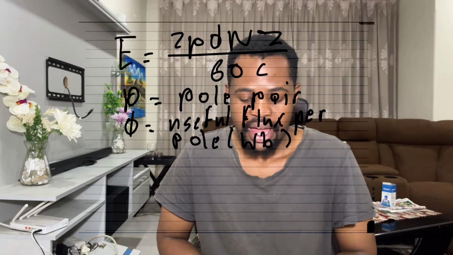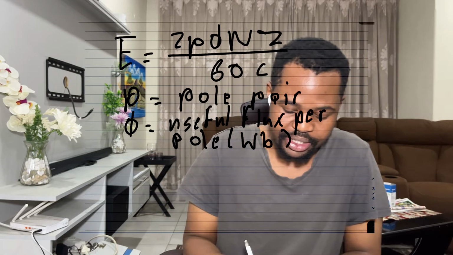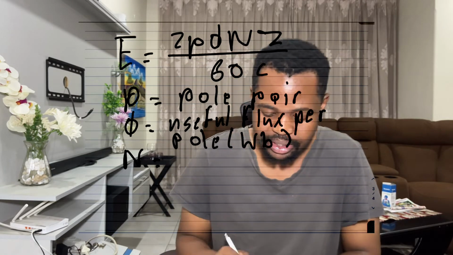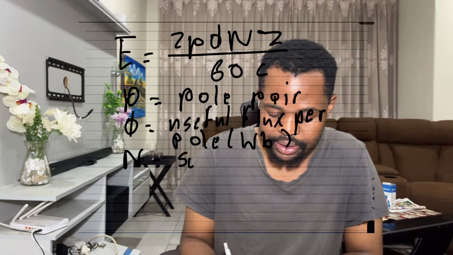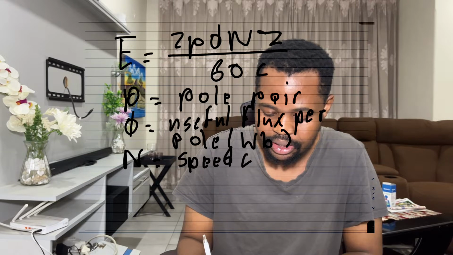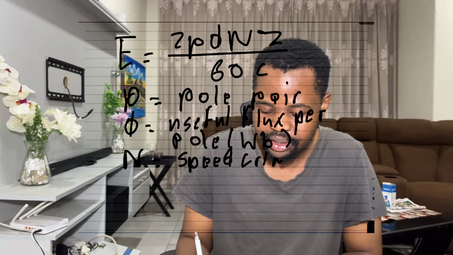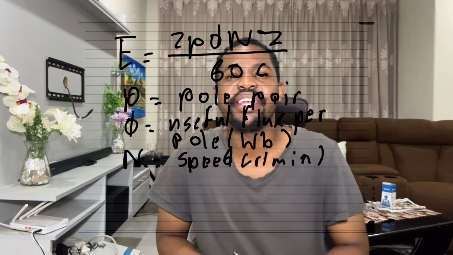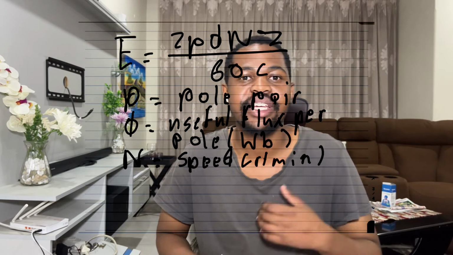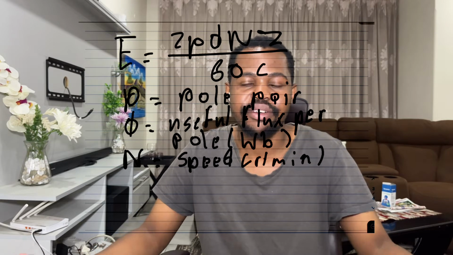The next quantity is the speed, N, which is measured in revs per minute. In the case of a generator, this is the speed at which the generator is driven.